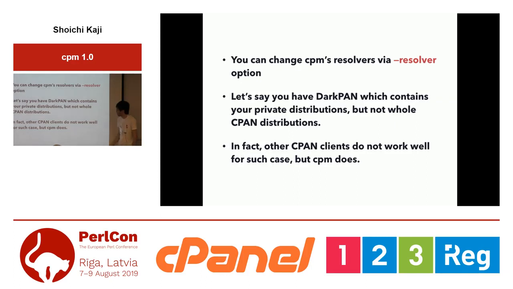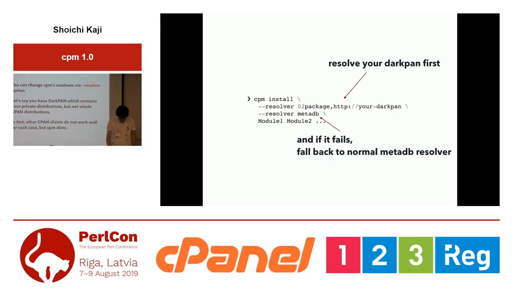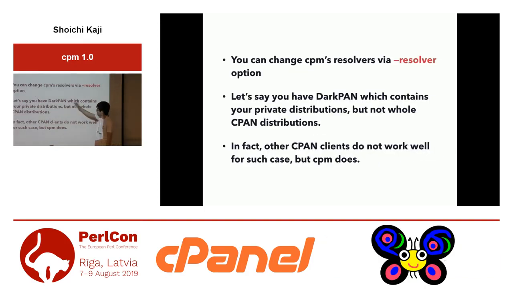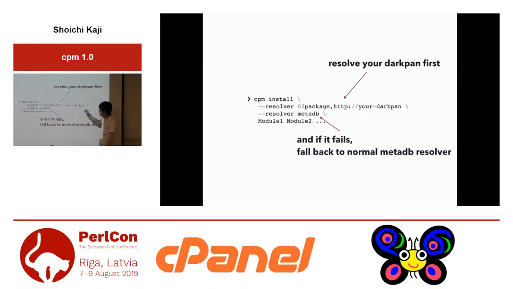In fact, other CPAN clients, such as cpanm, do not work well for such a case. But CPM does. So if your DarkPAN does not contain the whole CPAN distributions, you can first resolve from your DarkPAN and fall back to the normal MetaDB resolver.